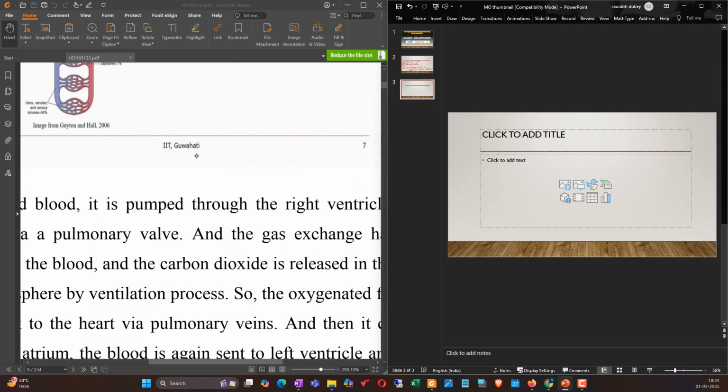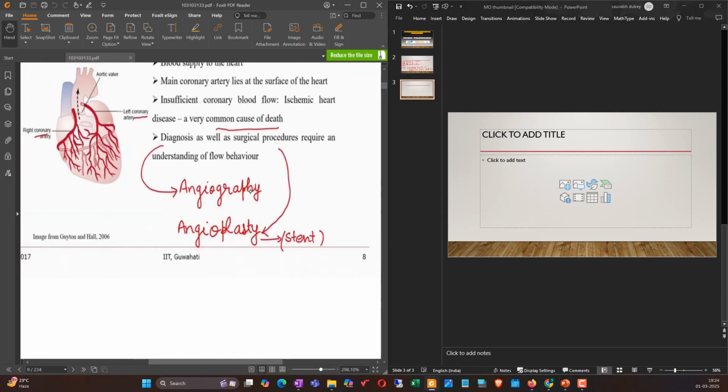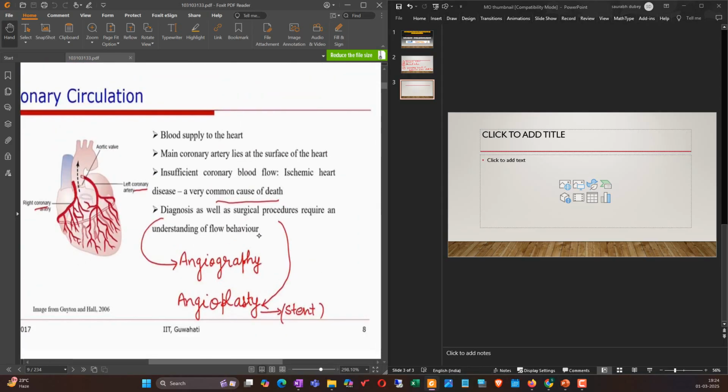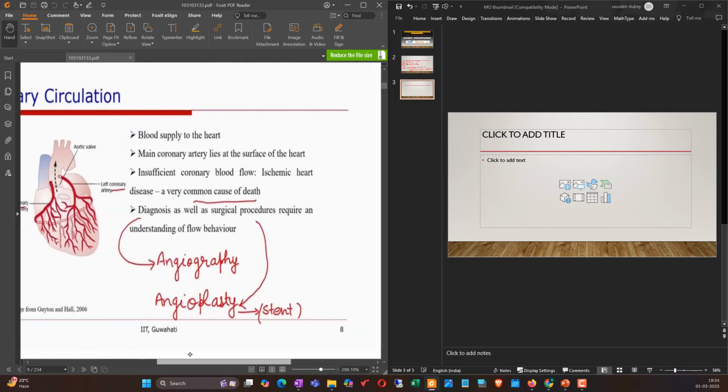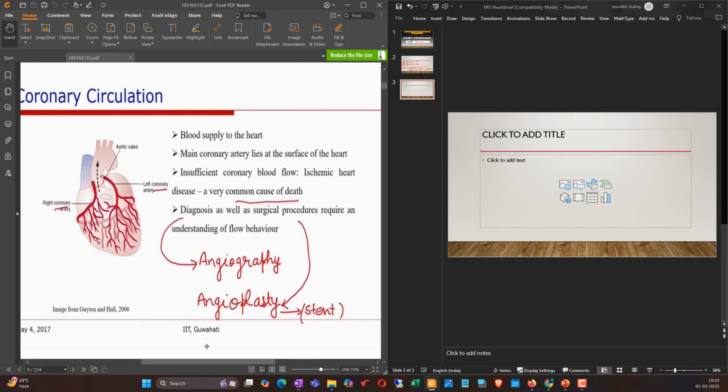Now let us see, what is this pulmonary circulation, coronary circulation? If you see this, the blood supply to the heart is happening through the coronary circulation, and the main coronary arteries lie at the surface of the heart, right?